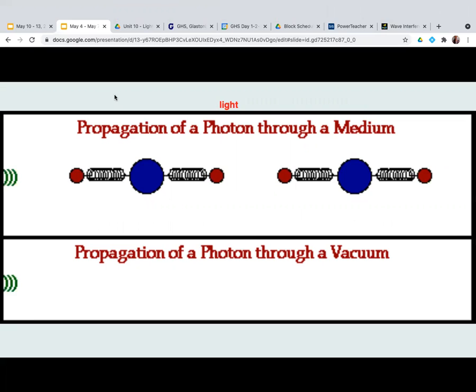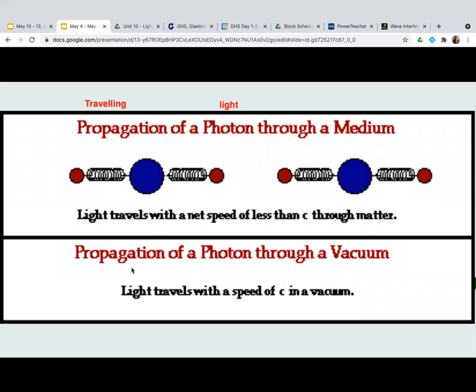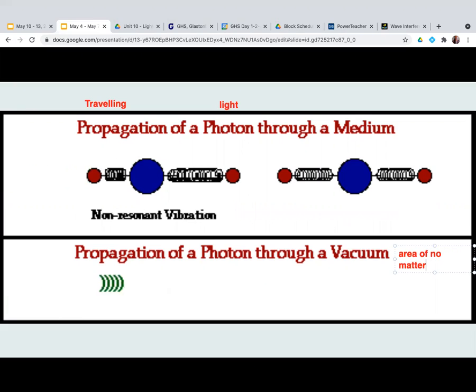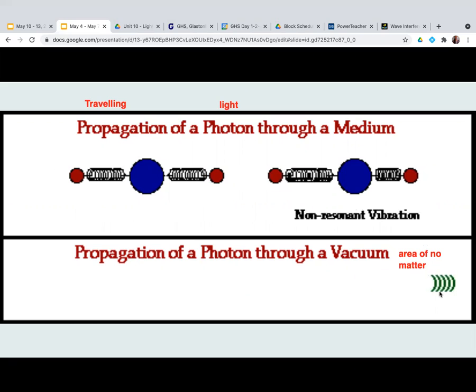What's the other word you might not know? Propagation. Any ideas on what that means? Traveling. So this says the traveling of light through a medium versus the traveling of light through a vacuum. And when I say vacuum in this case, I mean an area of no matter, an area that has no matter or particles or atoms in the way.